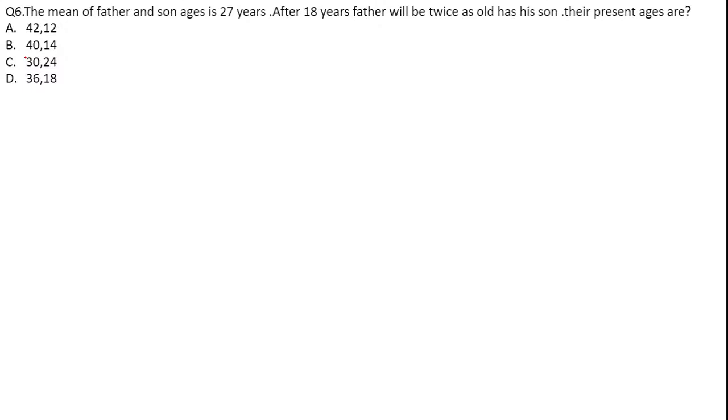So here we have been given the mean of the ages of son and father, that is 27. Then after 18 years, father will be twice as old as his son. They have asked the present age of both father and son.